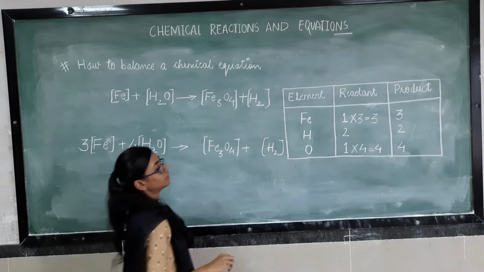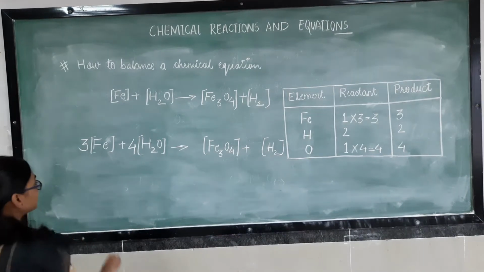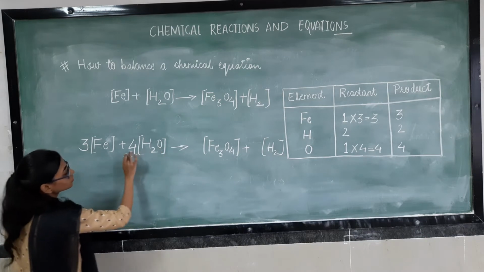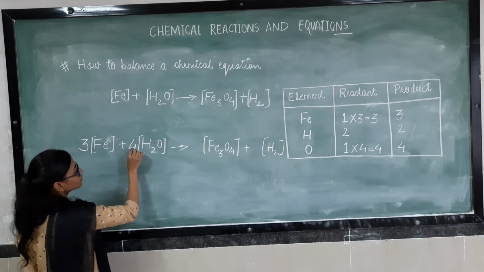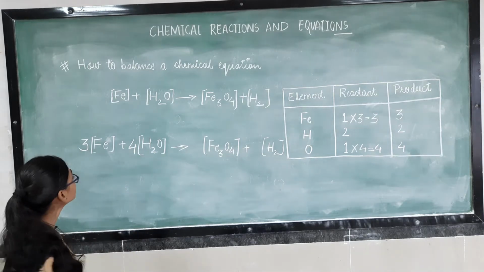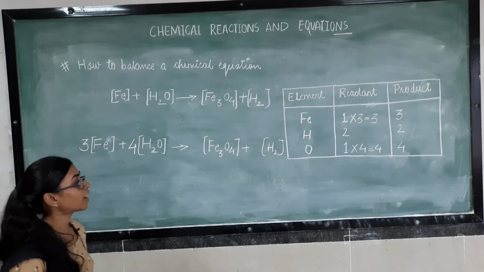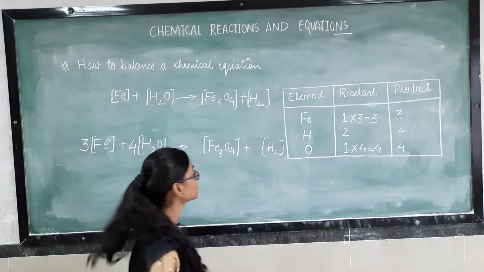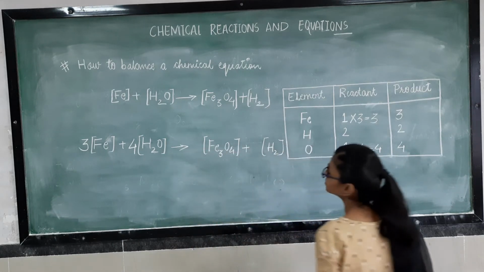But what problem arises here is that when we write this 4 here, oxygen becomes 4 but hydrogen also becomes 8, as 4 into 2 equals 8. So the amount of hydrogen is also increased. So our hydrogen is not balanced in this product side. So we have to balance this hydrogen too.